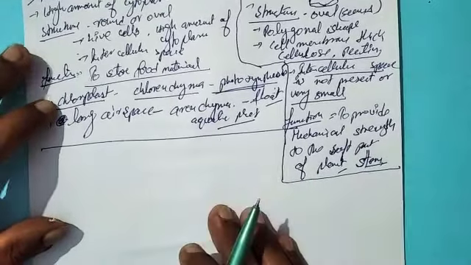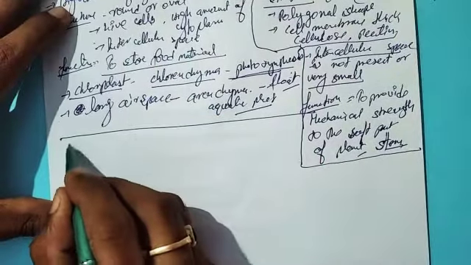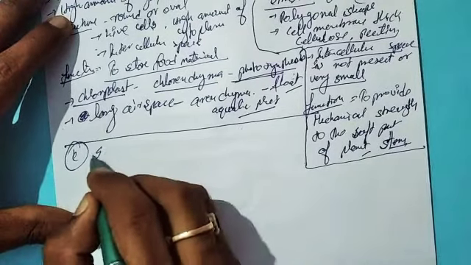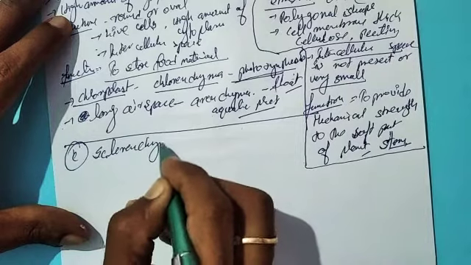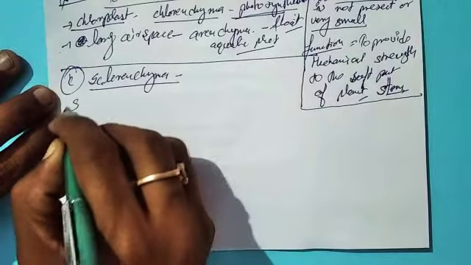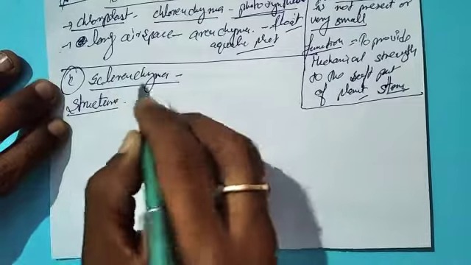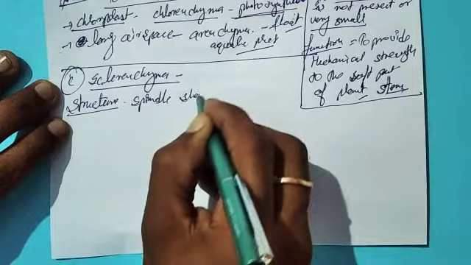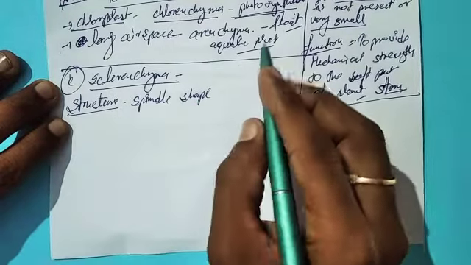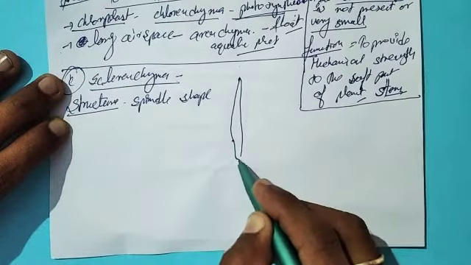Okay, next, the third category of simple permanent tissue is sclerenchyma. The sclerenchyma cells are spindle shape. Their structure is very simple, just like this.